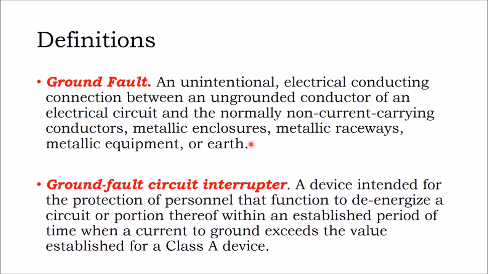So remember, earth has this reference voltage of 0, and your ungrounded conductor is full of voltage. And so just like water in a bucket at the top of the mountain, if there's a way for it to flow into the bottom of the mountain, you tip that bucket over, you make this electrical conducting connection. That's a ground fault. And when you take a live electric wire and you touch it to the ground and it snaps, and don't do that, but that's a ground fault.